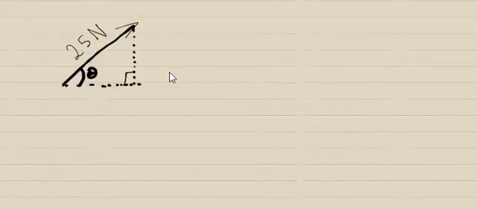Okay, so here let's say we have a 25 newtons of force directed in this direction, okay? And now we want to find out the horizontal and vertical component of the force, because it's not on the x-axis and it's not on the y-axis. A force on the x-axis, of just any magnitude, would look like this: you would have a nice arrow here, and it would be like 20 newtons, the horizontal 20 newtons on the horizontal axis or x-axis, okay?